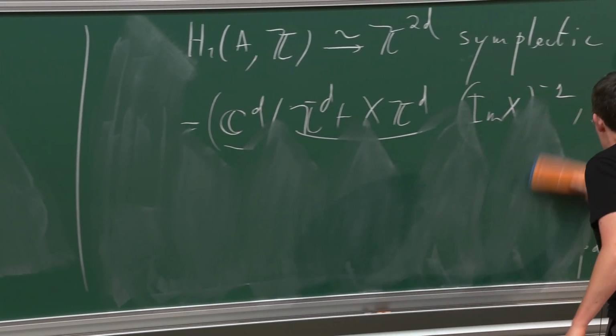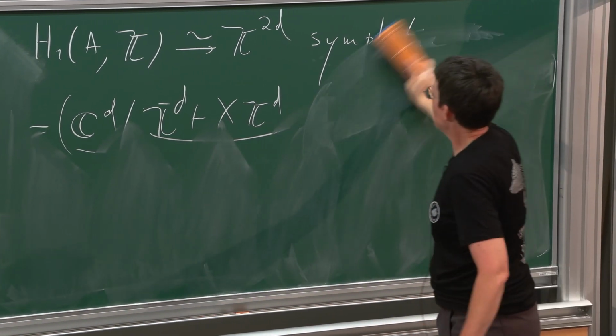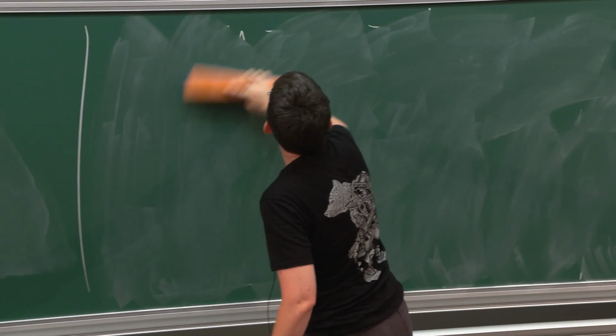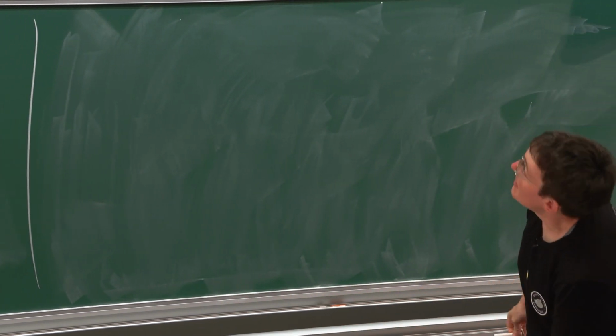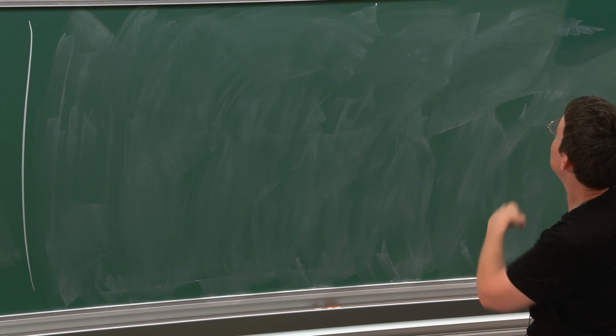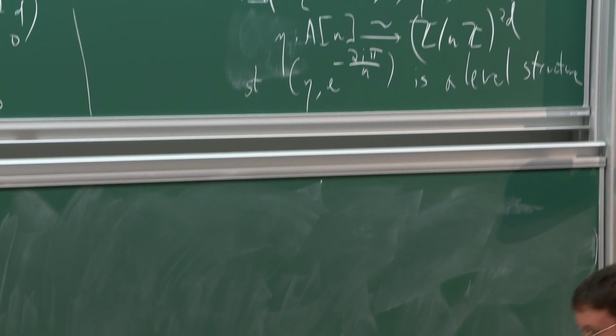So this is a nice functor, and I define it so that the C points are still there, isomorphic to this.